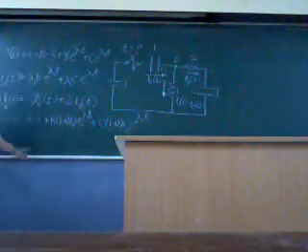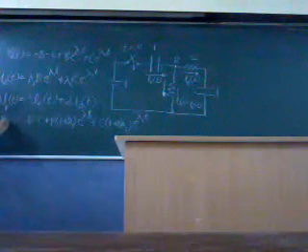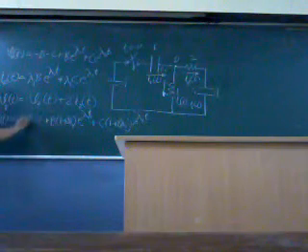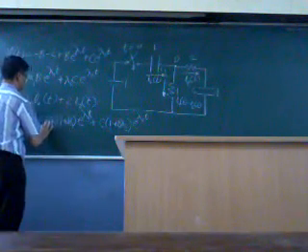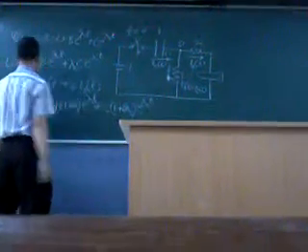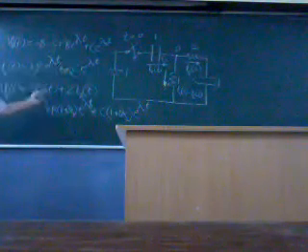Now, what would be VC1(t)? It would be equal to 1 minus this, meaning 1 plus this, minus this. This is VC1(t), the voltage across the capacitor. What would be I1(t) then? Its derivative.